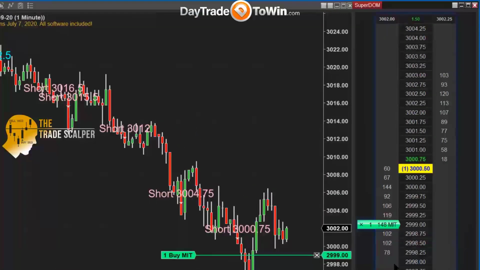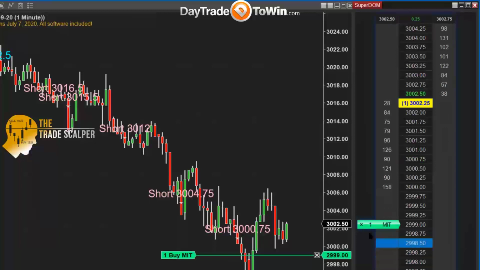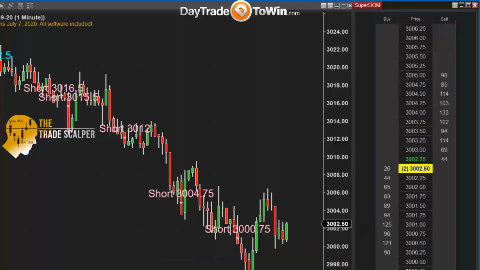So I can't really rely on these values for a good indication that traders really want to be filled, especially with the age of computer trading, where there's a constant algorithm entering orders and taking them off, entering orders and taking them off.